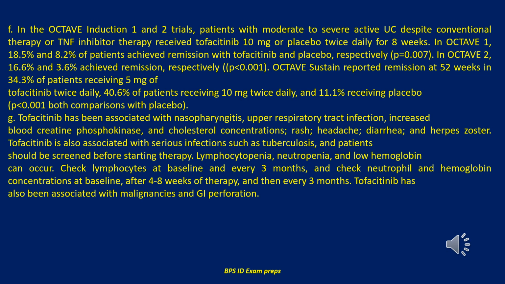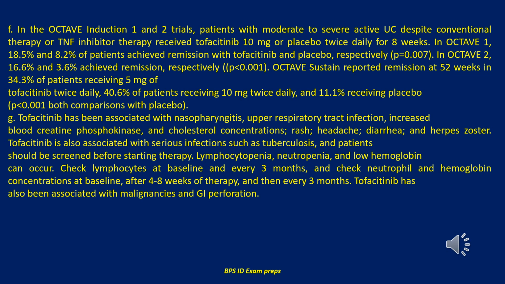In OCTAVE 2, 16.6% and 3.6% achieved remission, respectively. P-value less than 0.001. OCTAVE Sustain reported remission at 52 weeks in 34.3% of patients receiving 5 mg of tofacitinib twice daily, 40.6% of patients receiving 10 mg twice daily, and 11.1% receiving placebo. P-value less than 0.001, both comparisons with placebo.